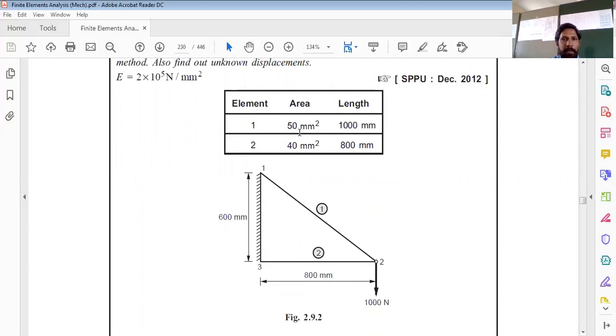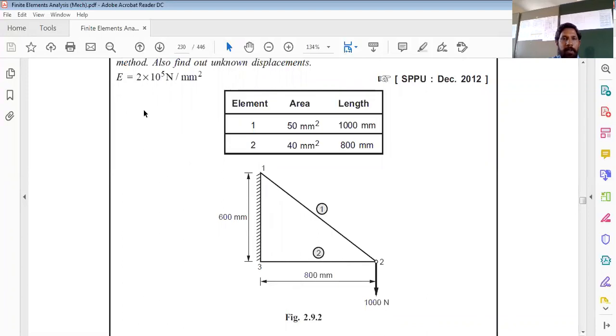The area of the first link is 50 mm square, and the length of this diagonal link is 1000 mm, and the area of the second link is 40 mm square, with the corresponding length 800 mm. There is a force acting at node number 2 in the negative y direction, of magnitude 1000 newton.